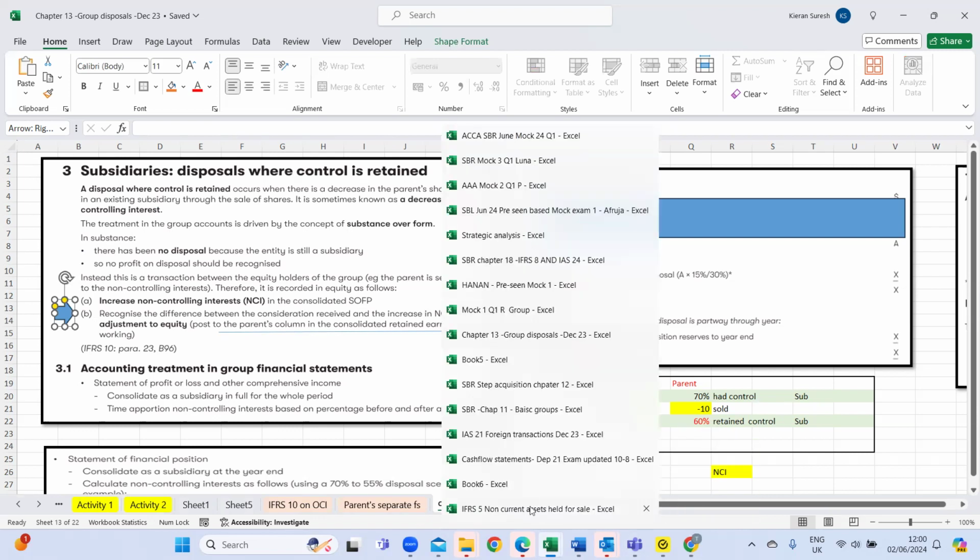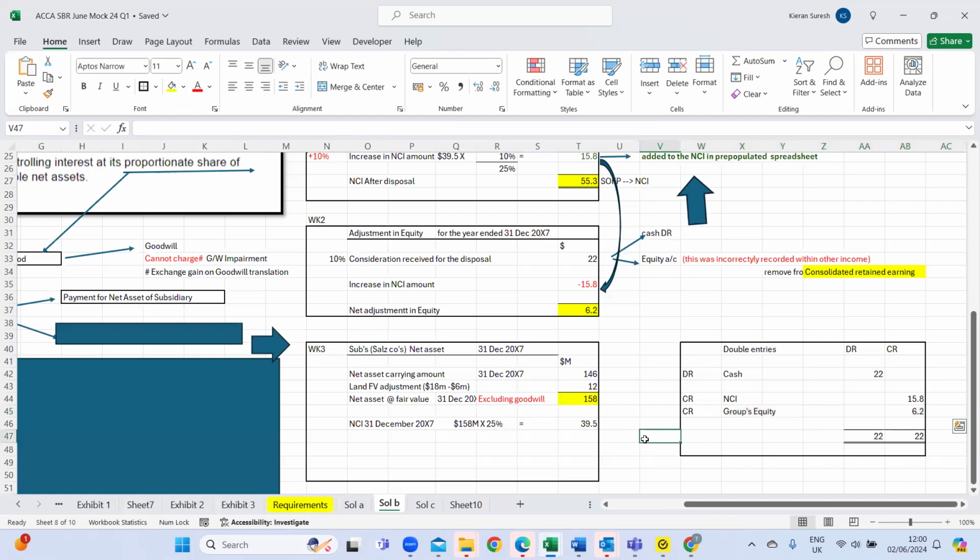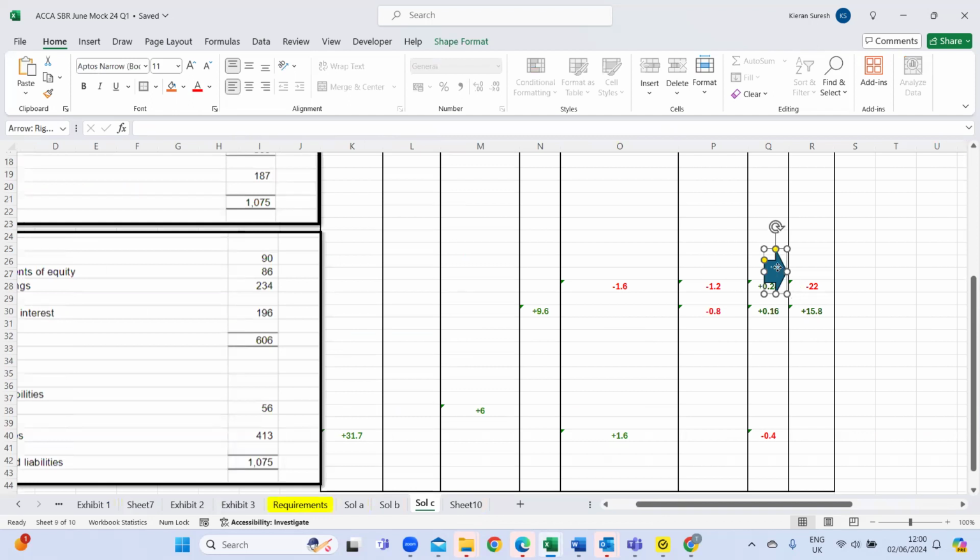So I need to put that figure into consolidated retained earnings, which is 6.2. This 6.2 needs to be added to the consolidated retained earnings here.